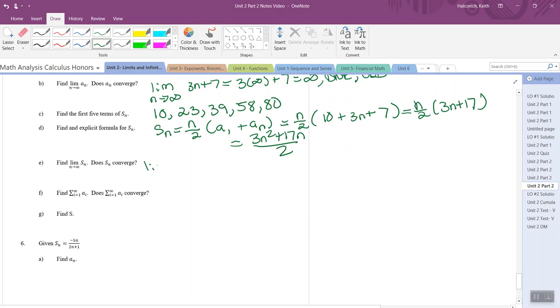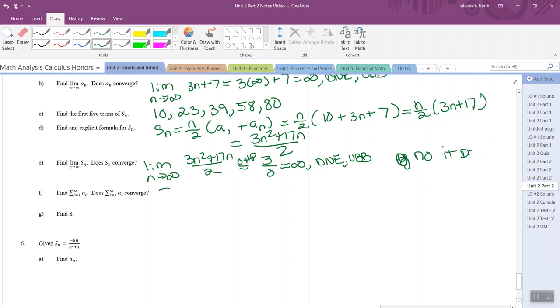Then you find the limit as n approaches infinity of the sum. And you observe highest powers. That's 3 over 0, which is infinite. The sum of the sequence, and yes, this does, sorry, no, this does not converge because it's infinite.